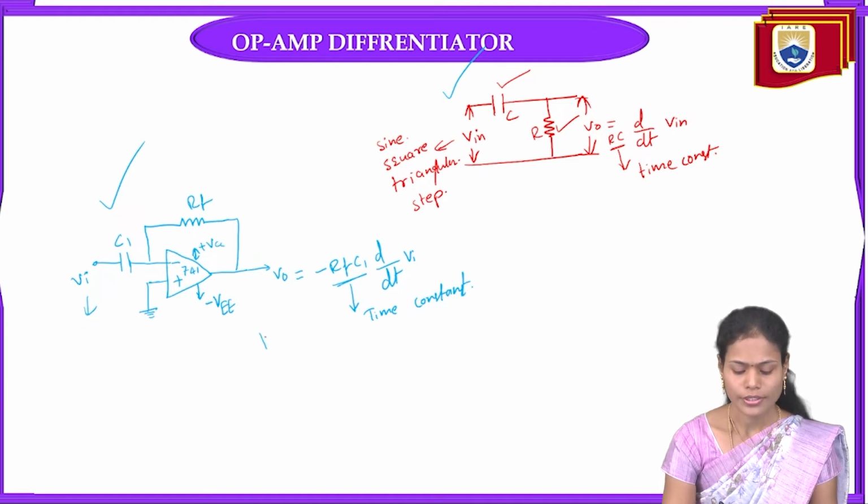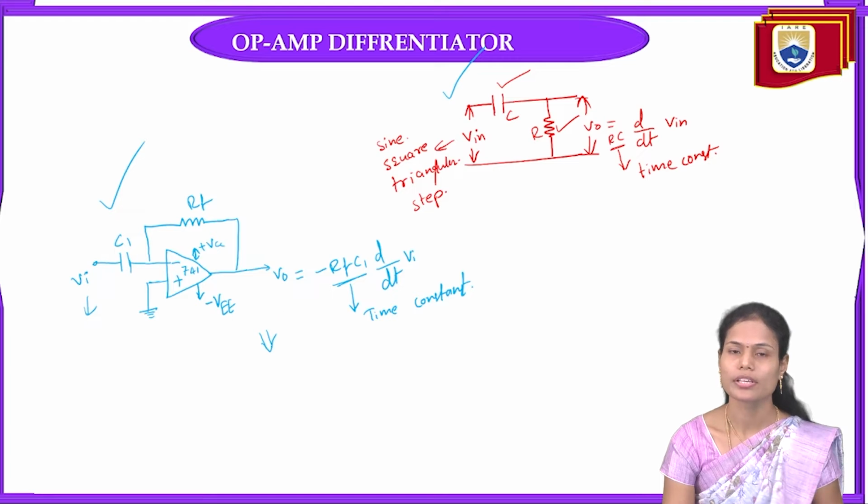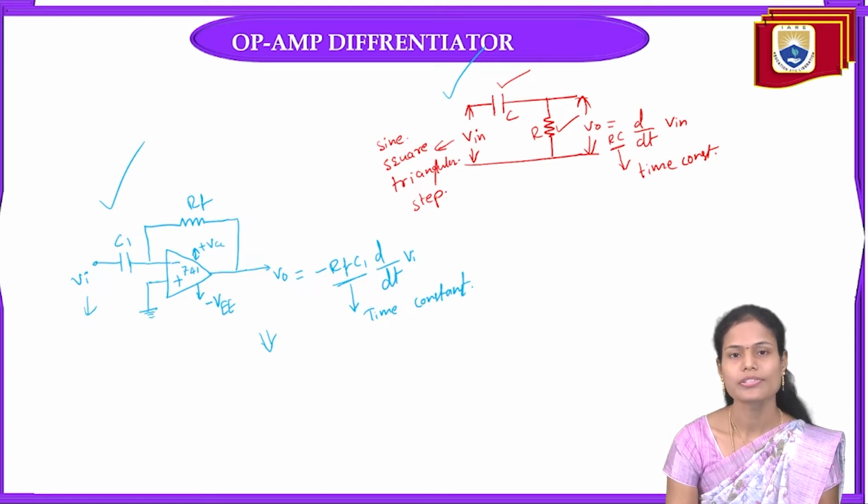It provides the differentiation of the applied input signal, which is well and good, but it faces some problems at high frequency range of signals. At high frequencies, it breaks into oscillations and enters the saturation region.